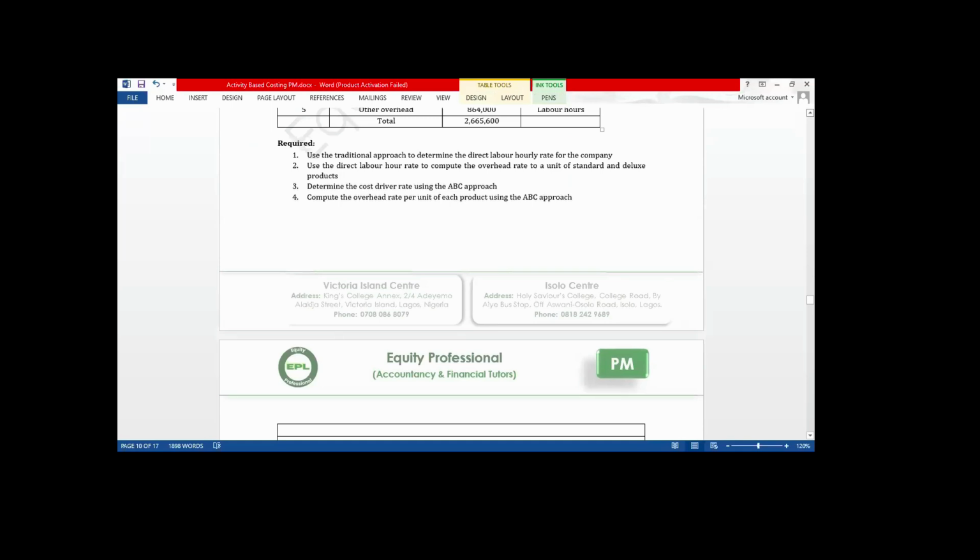If there's none, we move to requirement 1: use the traditional approach to determine the direct labor hourly rate for the company. Let us deal with this. I want to determine the direct labor hourly rate using the traditional approach.